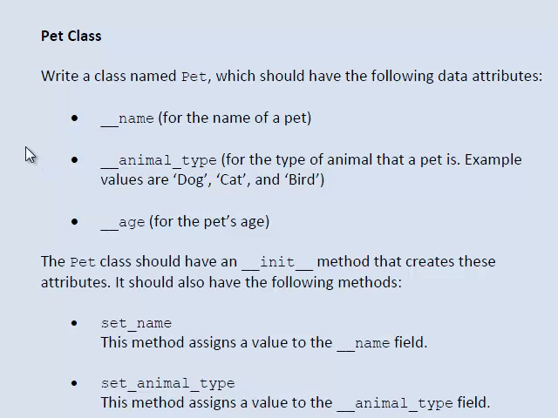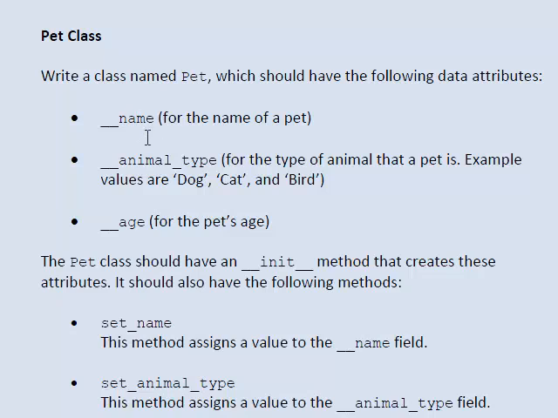And you'll recall from your textbook that when we preface a data attribute name with 2 underscore characters, that's how we hide that attribute from code that's outside the class. It's similar to making the attribute private in other programming languages.